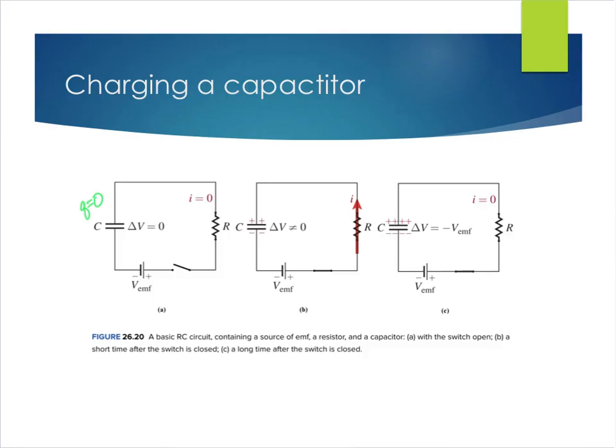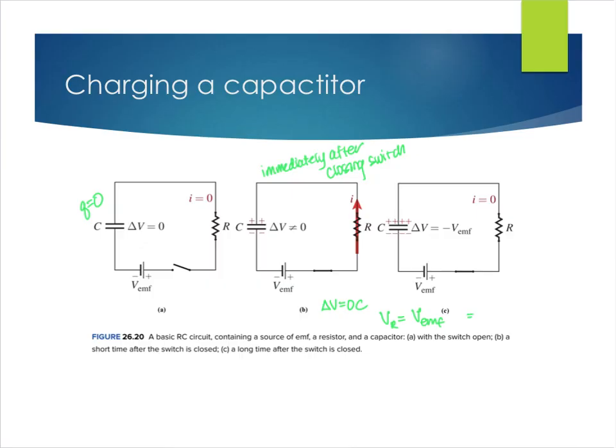Once we close the switch, let's just make this immediately. If this is immediately after we close the switch, that instant that it's closed, the delta V of the capacitor is still 0, and the potential difference across the resistor is equal to the EMF of the battery.